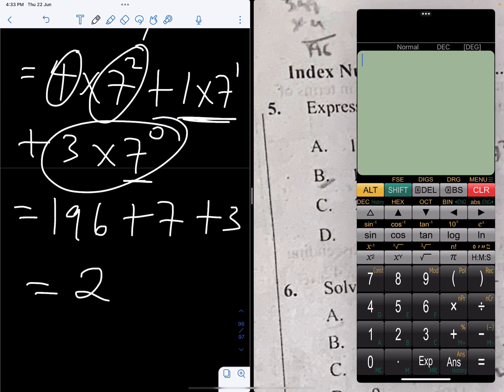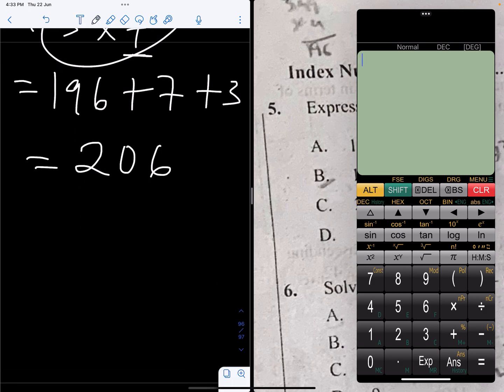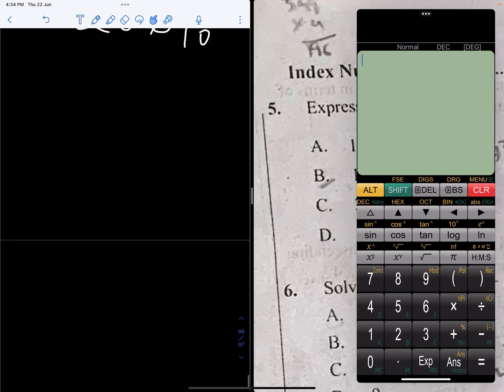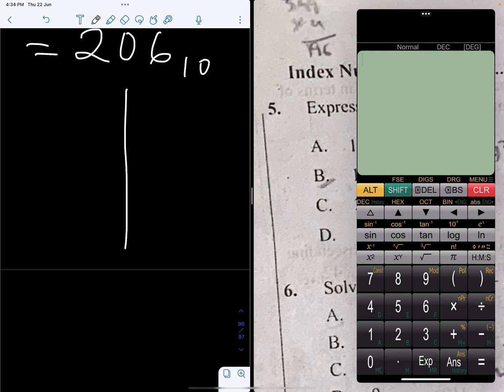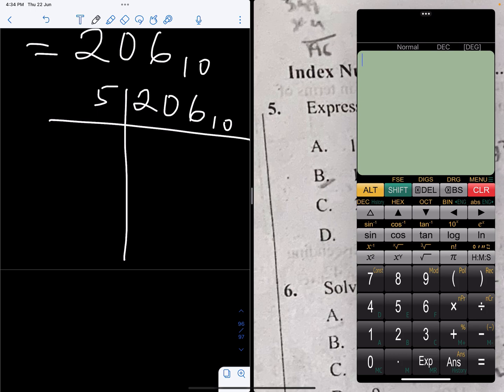Now this is 206 in base 10. We're now going to change this to base 5. And how do we do that? We can do that by the long division method. 206 to base 5: 5 in 20 is 4, 5 in 6 is 1, remainder is 1.